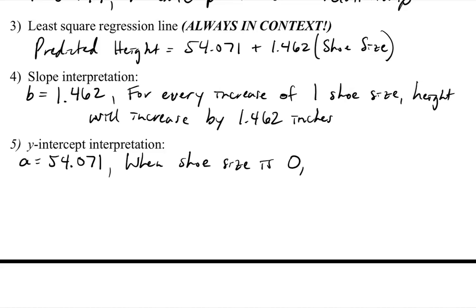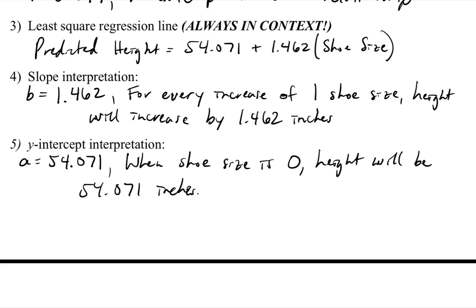When shoe size is 0, height will be 54.071 inches. Now, just like Aldrin said, what's the problem with that? Everyone has a shoe size. No matter if you're a newborn baby or whatever, everyone has a type of shoe size, right? So shoe size can't be 0. So in context, in real life, it doesn't make sense.